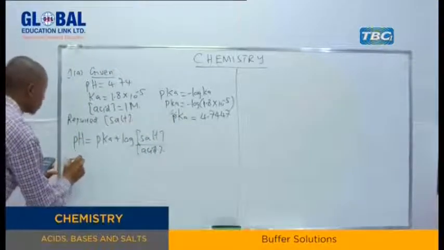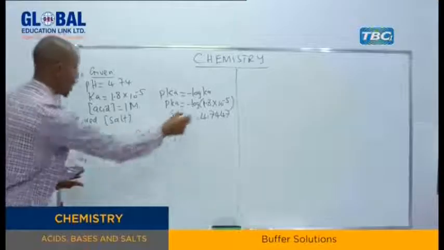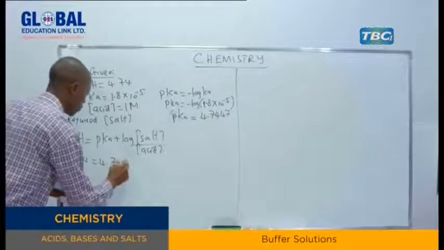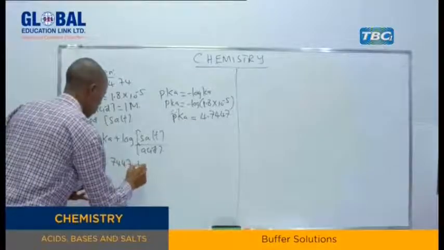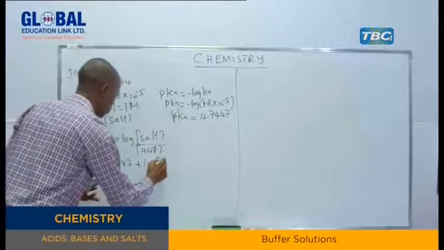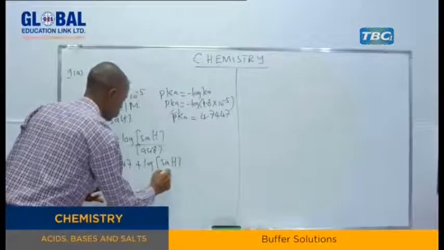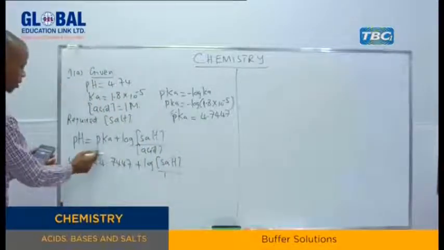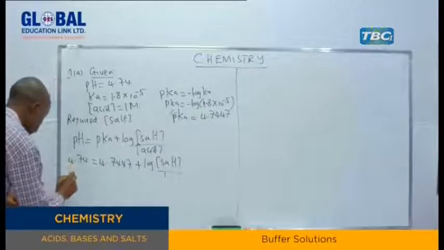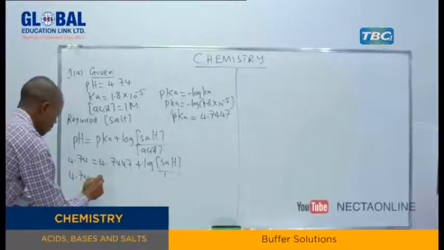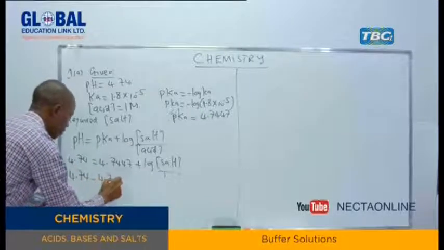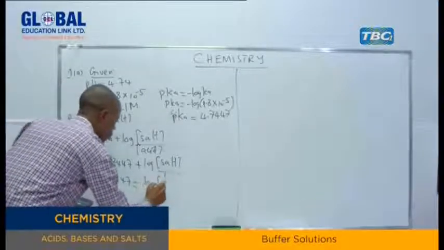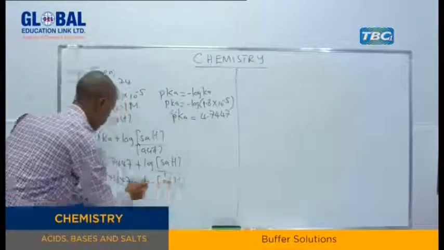Now we just put it there. pH is 4.74, pKa is 4.7447, plus log concentration of the salt, that is what we're looking for. Concentration of the acid is 1. So you can take this one and subtract it to this side. So 4.74 minus 4.7447 is equal to log concentration of the salt.